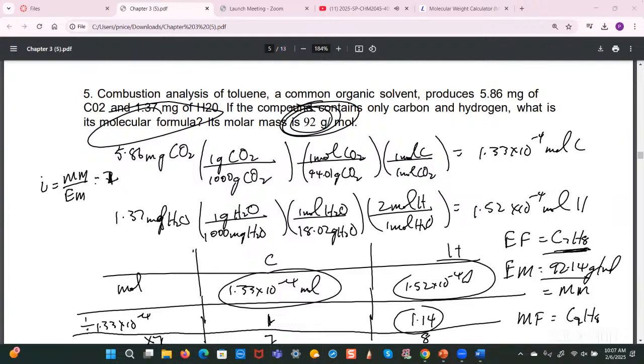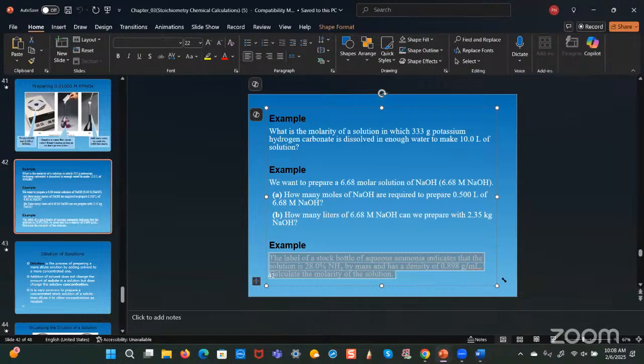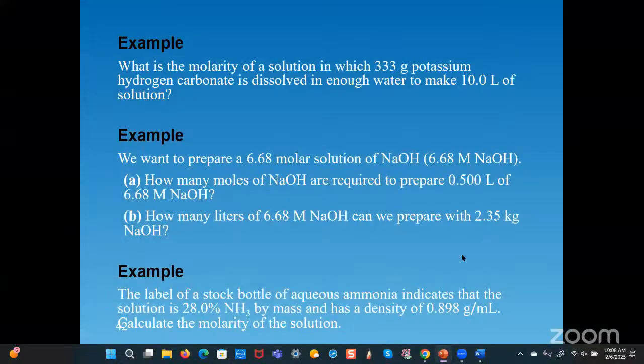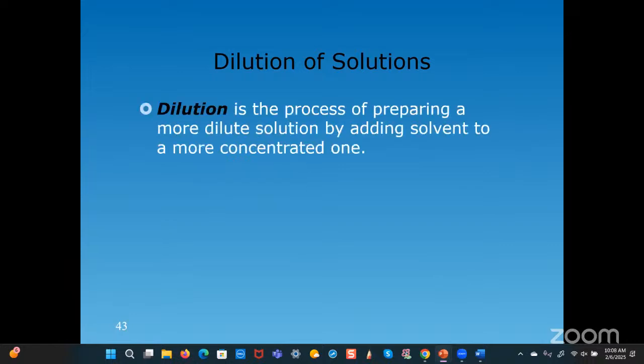Okay, so let me clear this. And let me go to the PowerPoint because we need to discuss dilutions. And for those of you enrolled in my lab, you have already been introduced to this concept, right? So this should be a bit of a review for you. But basically, as I said to my lab class on Tuesday, dilution is a very important practice pretty much everywhere chemicals are handled.